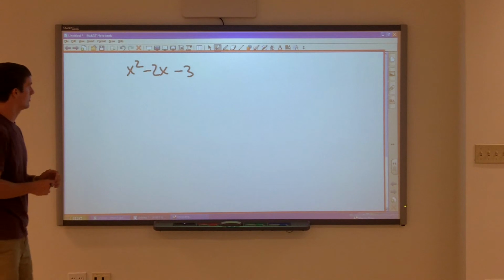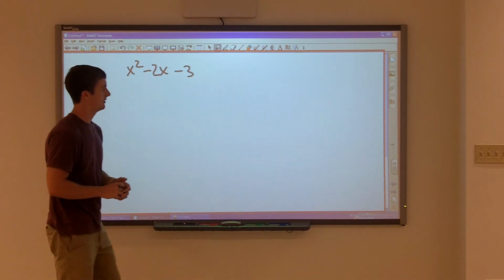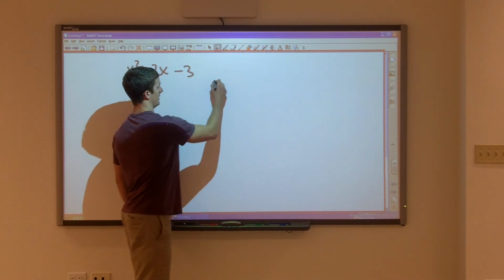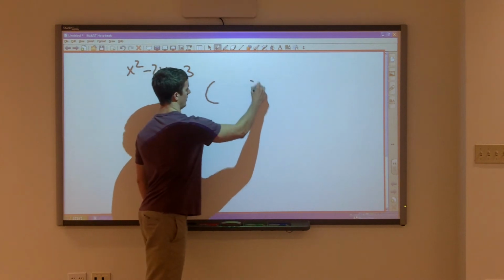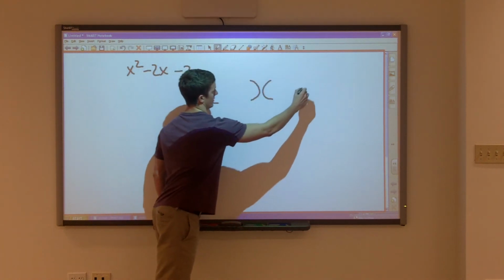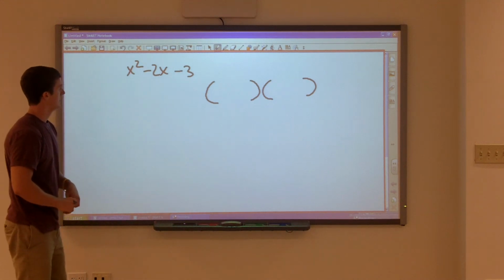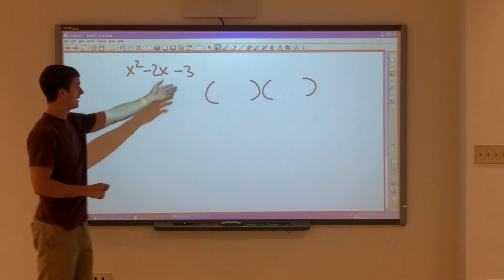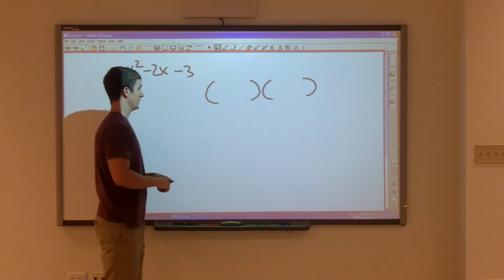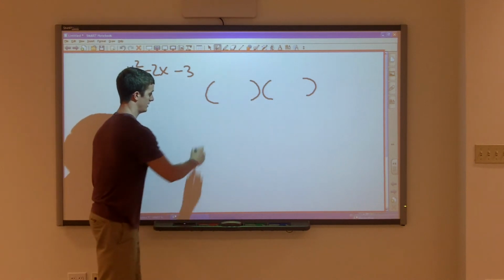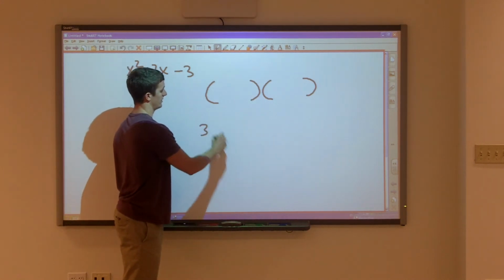Our first term is going to be x squared. To begin, like I said, I like to break it into two different quantities and then see what I can start adding into these to make sense of this problem. Again, our last number is going to be a 3, so what can we multiply to get a 3? Back to 3 times 1.